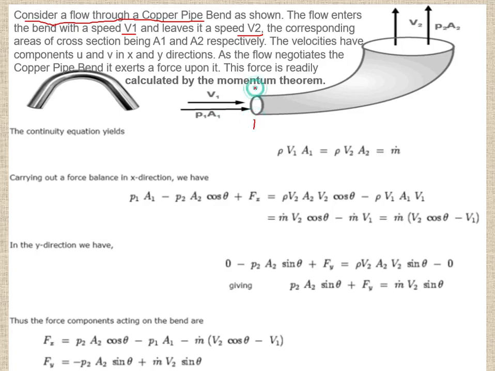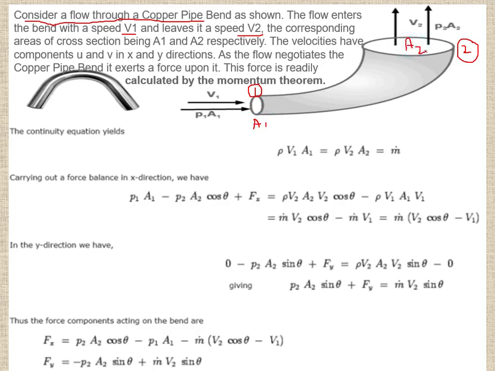So this is the section 1, we can write, and this is the section 2 at point 2. So the area at this point is A1, which is given, and the area at this point is A2, which is given, the cross-section area.